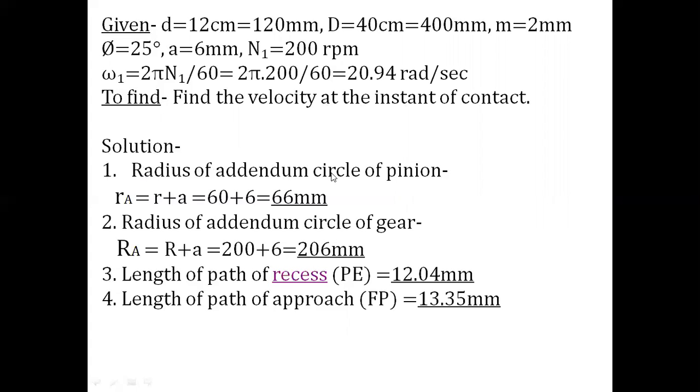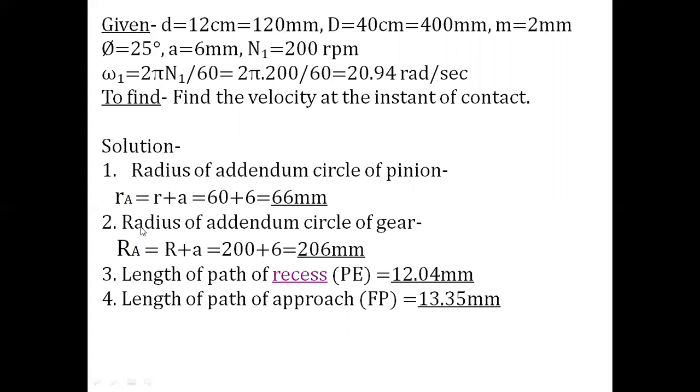What is the radius of the addendum circle of the pinion? Pitch circle radius plus addendum will become the addendum circle radius for the pinion. I am using small r suffix a. The pitch circle diameter is 120 mm, so radius will become 60, half of 120. 60 plus addendum will become 66 mm.